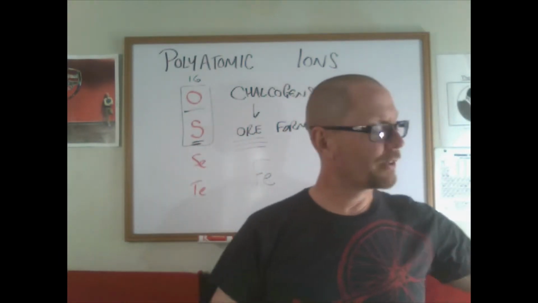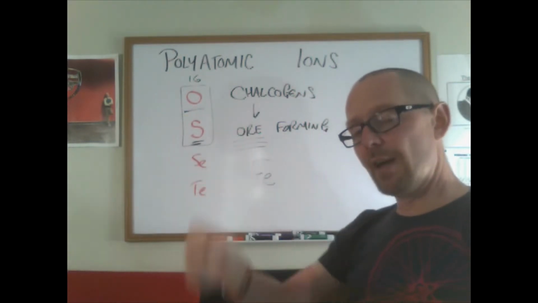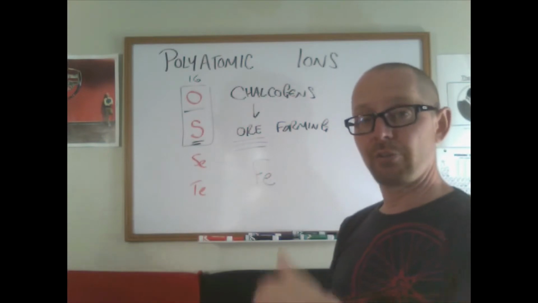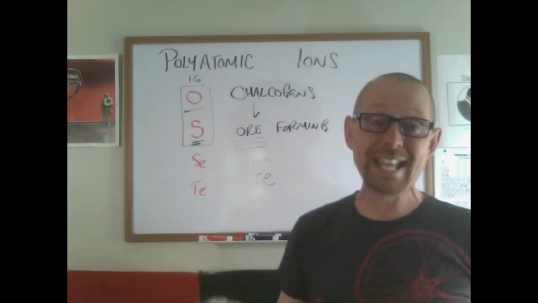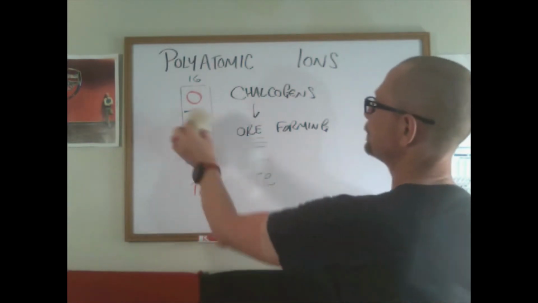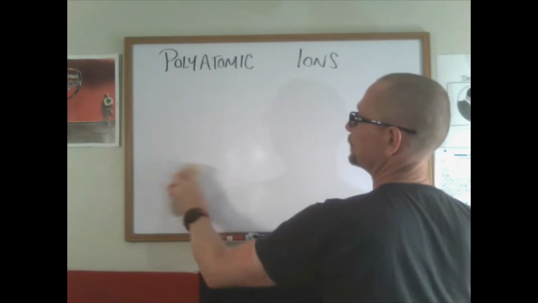What we mean is the vast majority of elements will combine very readily with oxygen or with sulfur. And as chemists, we name that process. So back to our polyatomic ions.